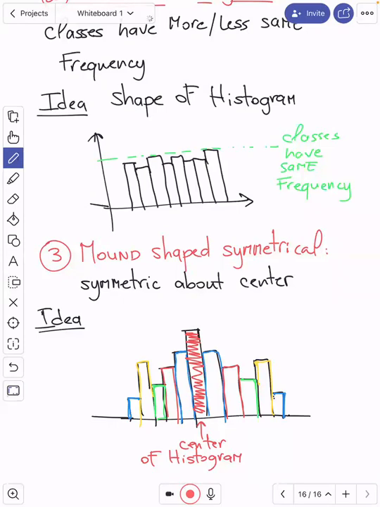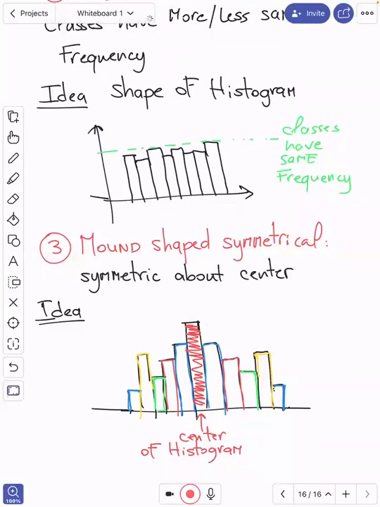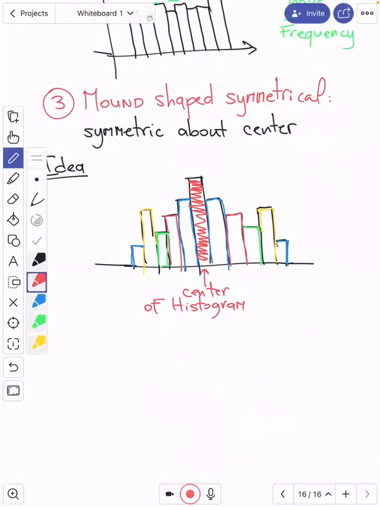And then finally, number 4, it's called the bimodal distribution.